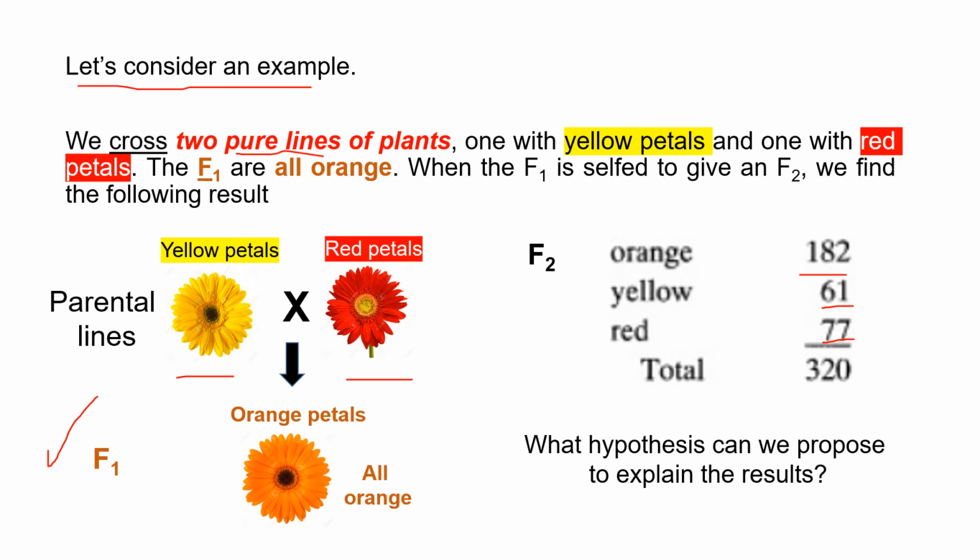Don't worry, you don't need to have it right, you just have to make some hypothesis. So stop the video, think about it, try to solve it, and in a second I will answer it for you. Here there could be two possibilities: incomplete dominance, or epistasis.